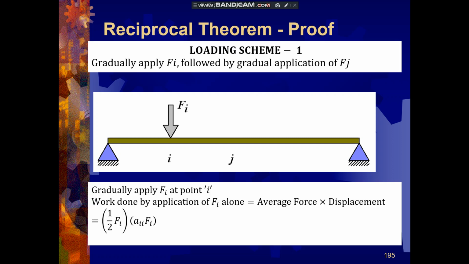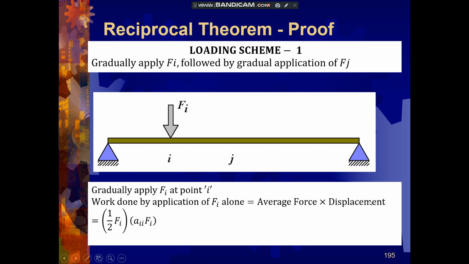So here we have the first loading scheme where we gradually apply the force Fi at location I. The work done by this force Fi is the average force, starting from 0 to the final magnitude Fi, multiplied by the net displacement.